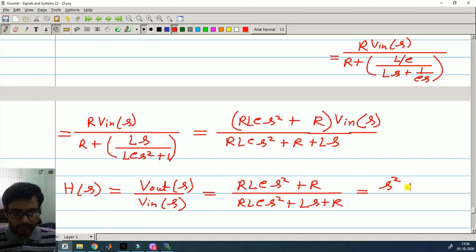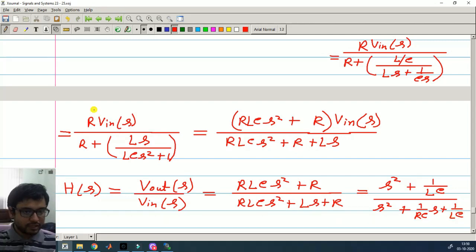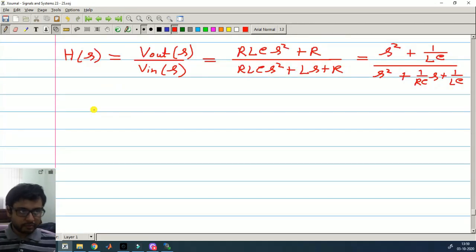s square plus 1 by LC divided by s square plus 1 by RC s plus 1 by LC. Okay, please check my calculation if it is correct or not.